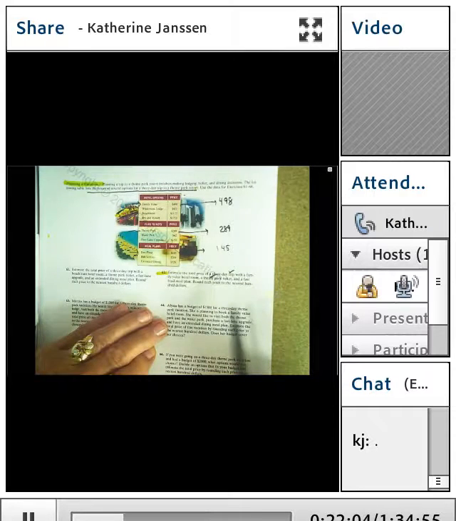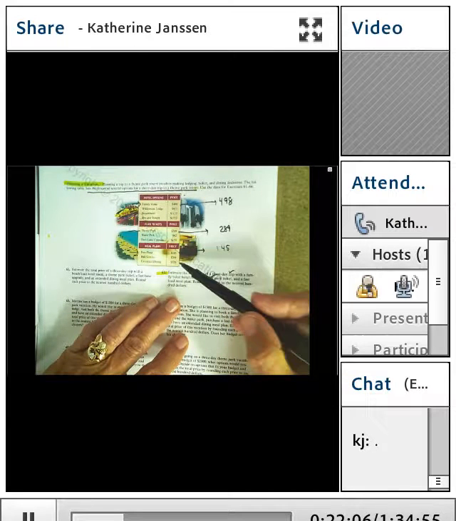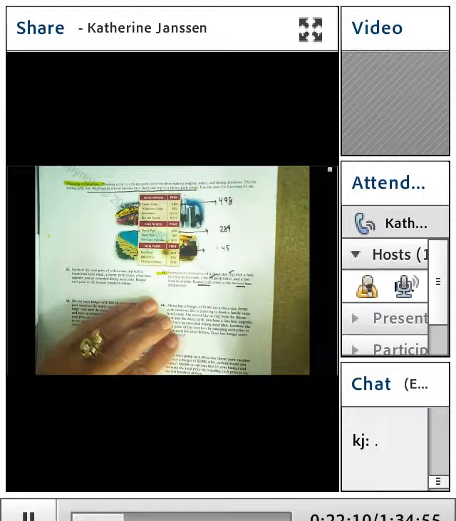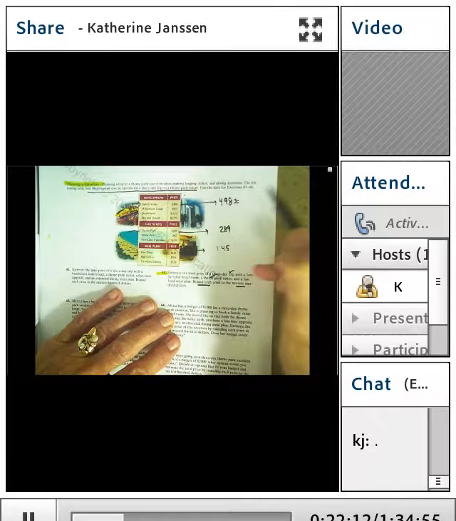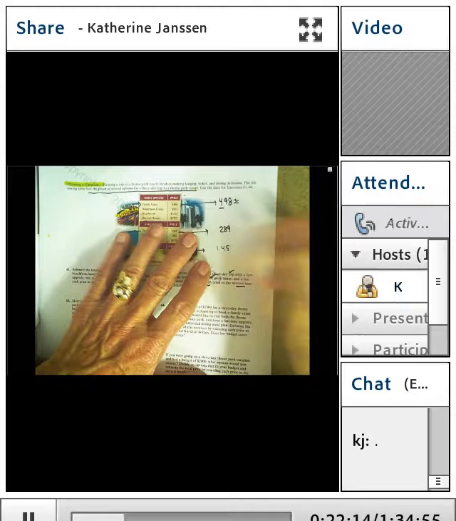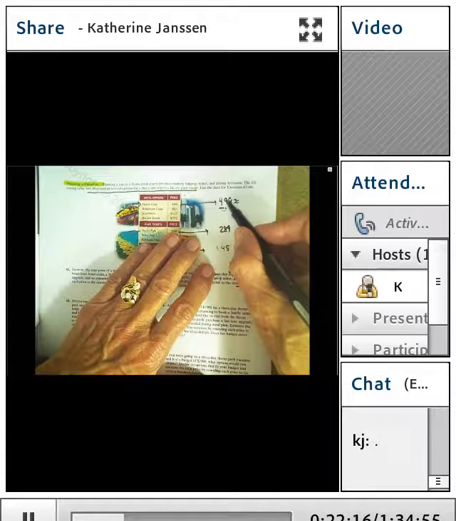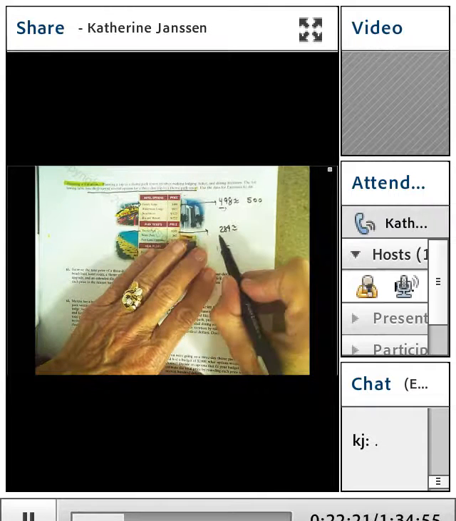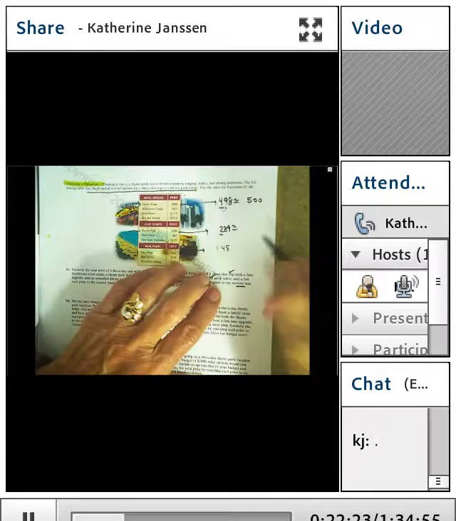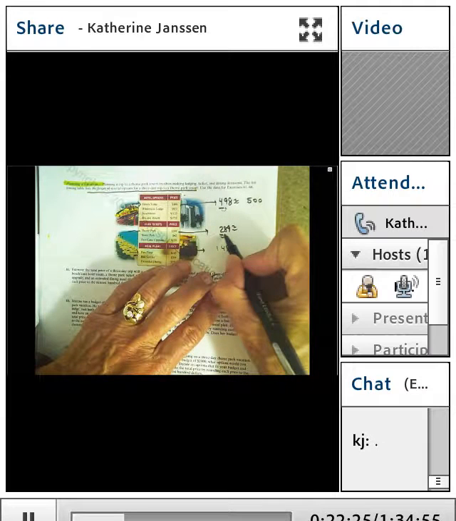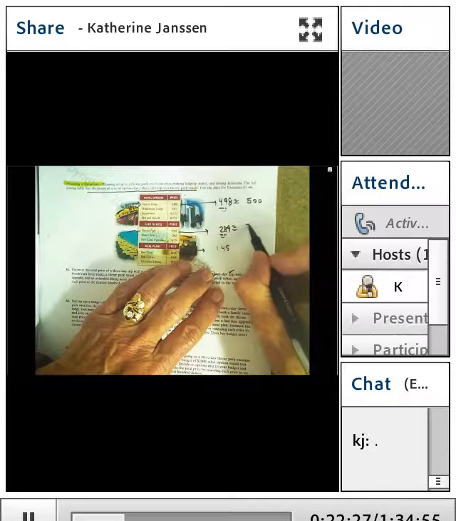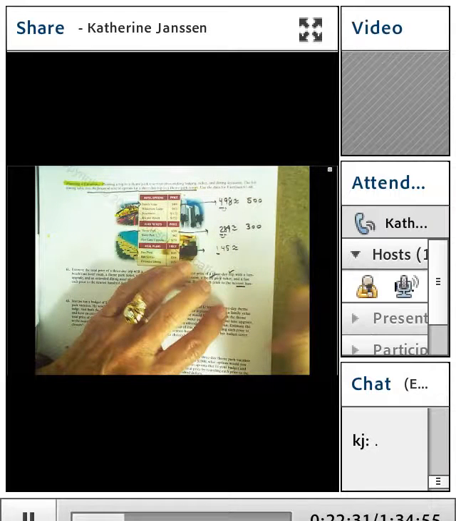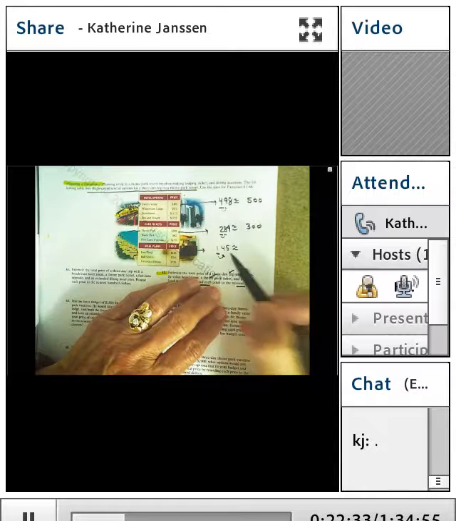Now we've captured our pricing from the table presented. We want to round each price to the nearest 100. Find your placeholder, peek next door. 5 or greater, we round up.